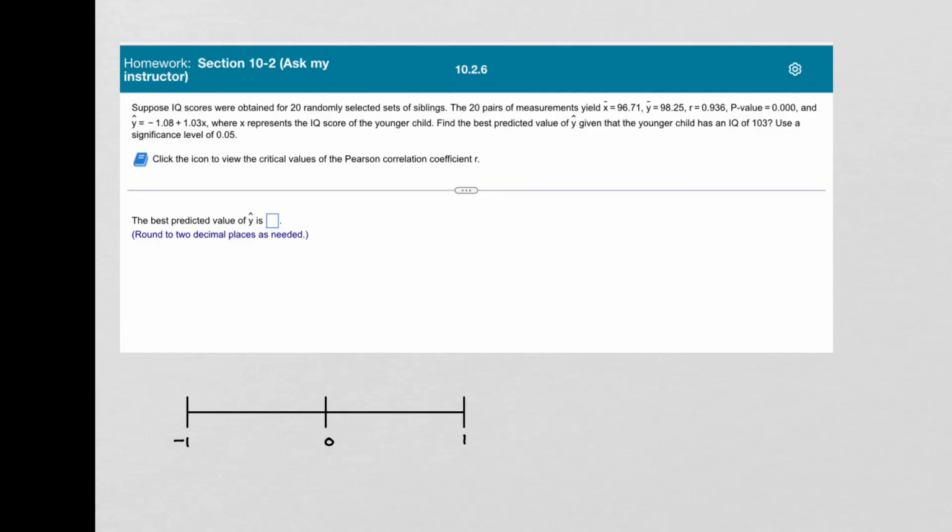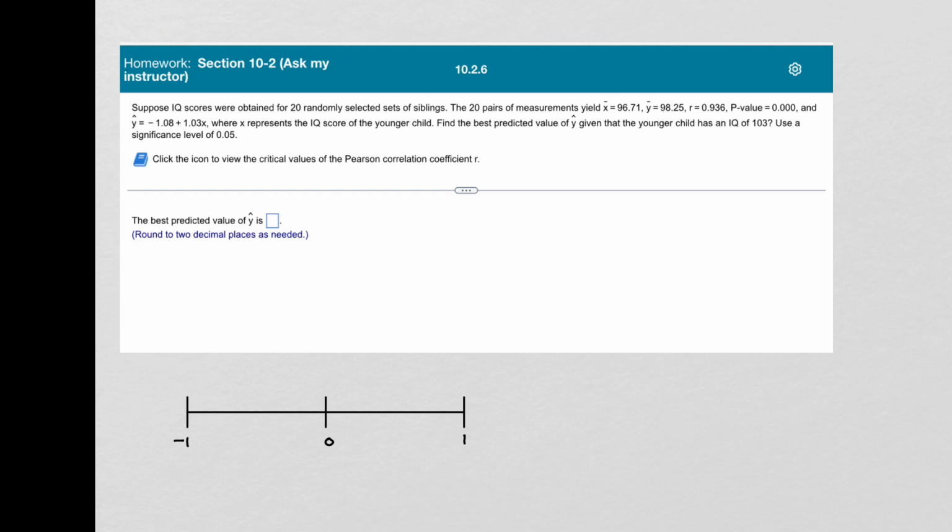In this problem, we're told that IQ scores were obtained for 20 randomly selected sets of siblings. The 20 pairs of measurements yield various statistics, and we have the regression equation, y hat equals negative 1.08 plus 1.03x, where x is the IQ score of the younger child.